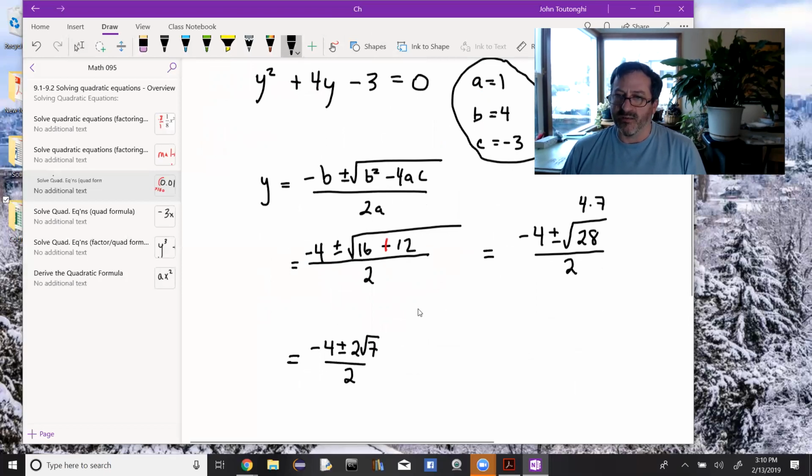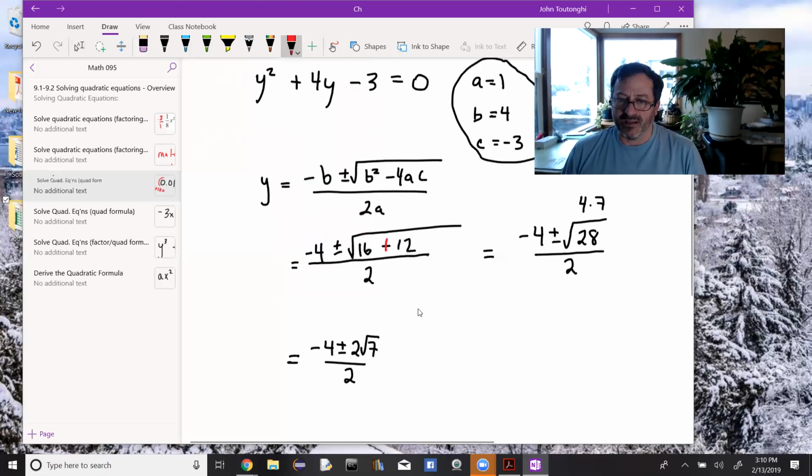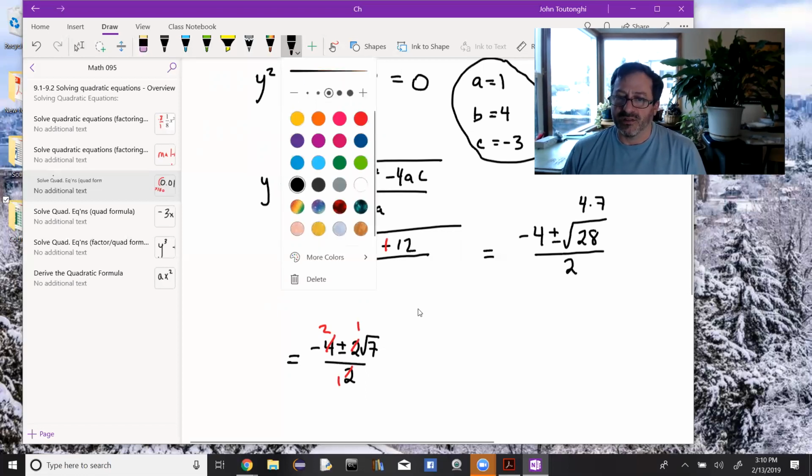And so when I do this cancellation, all three terms, the 2 on top, the 1 on top, and the 2 on bottom, all have to be divided by the same thing. So here they're all divisible by 2, so I cancel that out, it goes in 2. So that goes in once, cancel that out, it goes in once. And I get 2 solutions.